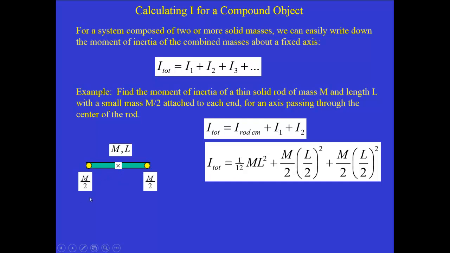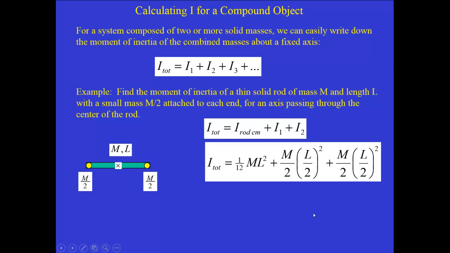I1, if we look at the mass on the left-hand side, it's mass m/2. And what's the distance that it is away from the rotation axis? That's the distance L/2. So (m/2)(L/2) squared is its contribution, and I2 is the same, right? Because the mass on the right-hand side has the same mass and is the same distance away from the rotation axis as the mass on the left-hand side.